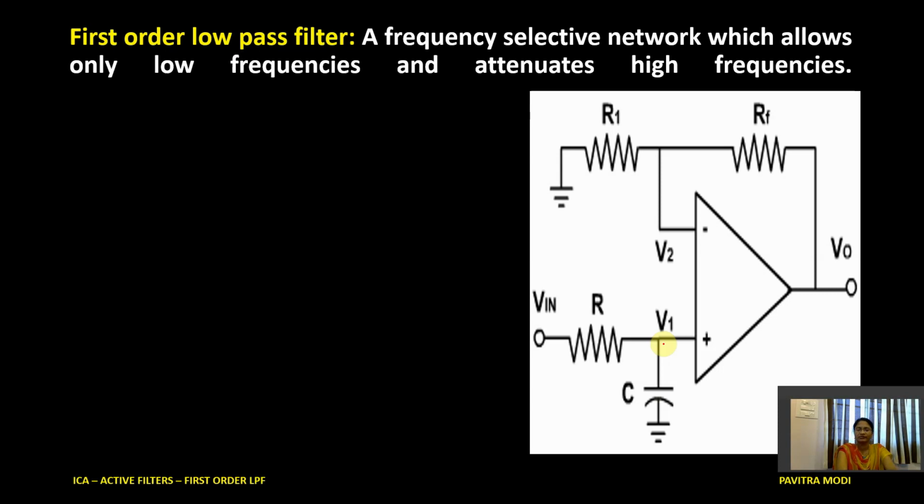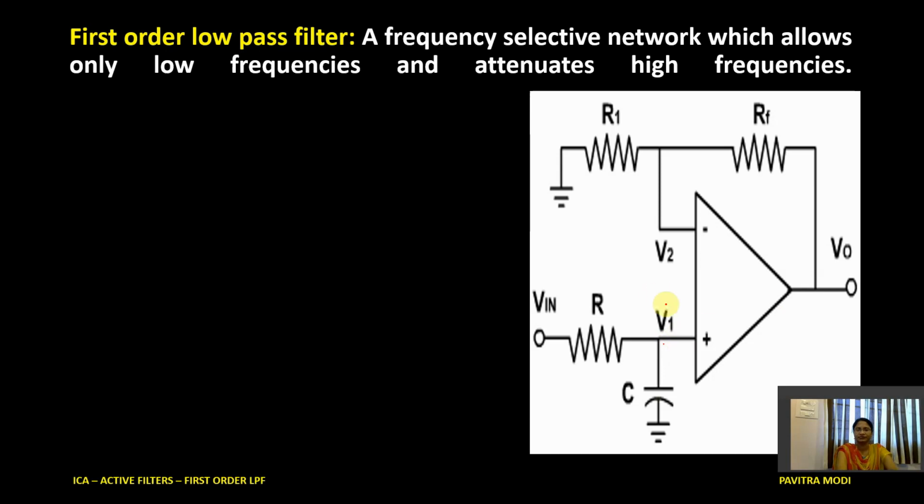In filter circuits, we are interested in passing the signal as such to the output, within the limited frequency range. That's why the signal should not be loaded. In order to avoid the loading effect, we need high input impedance and low output impedance.